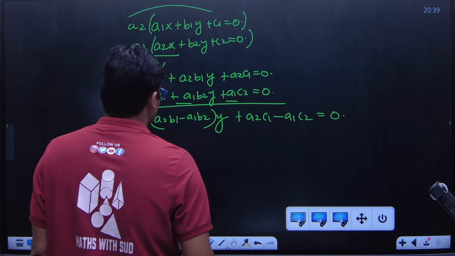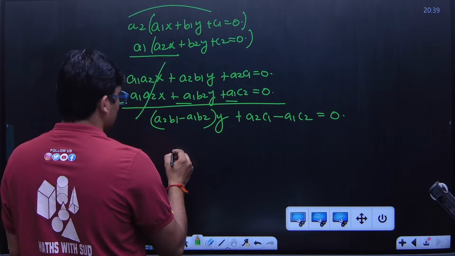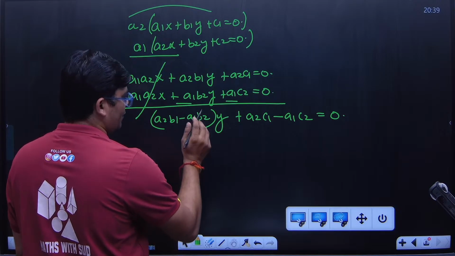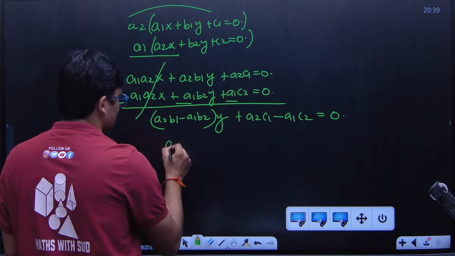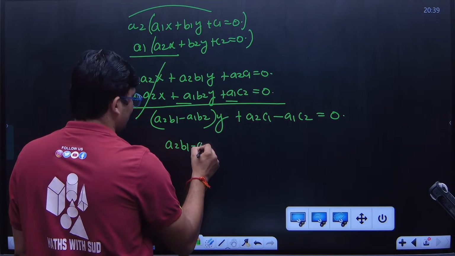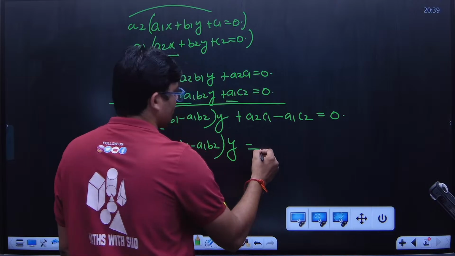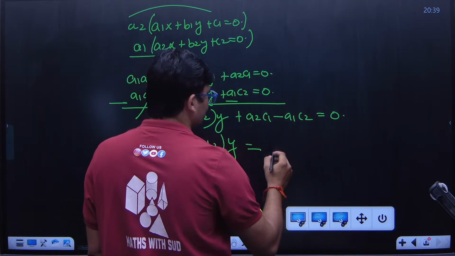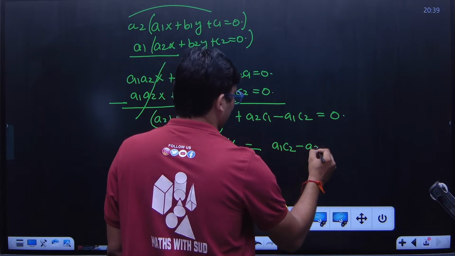Now if I ask you what y will be, I take this on the other side of the equation. So a2 b1 minus a1 b2 times y is equal to a1 c2 minus a2 c1.